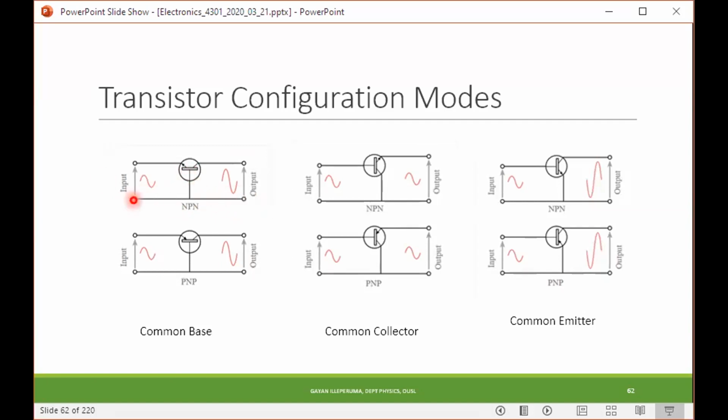Signal comes from the base and the emitter, and output comes from the base and the collector, right? So in a way, you can say the input is the emitter and the output is the collector and base is the common one. In this case, what is the common terminal for this circuit?